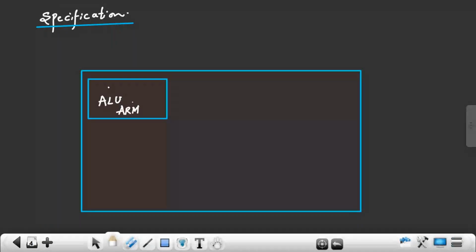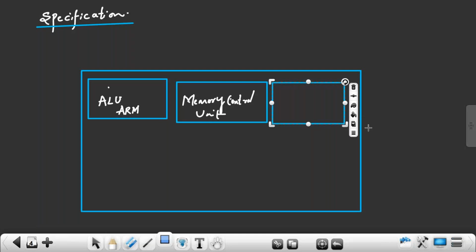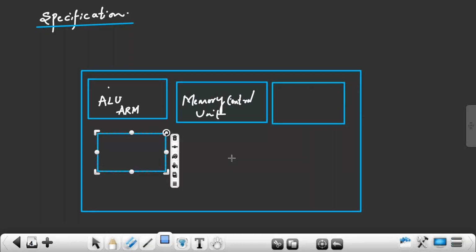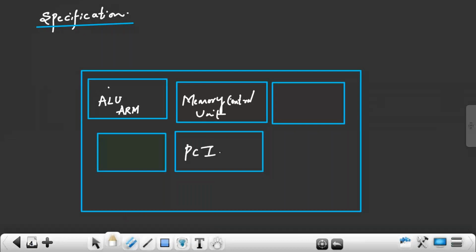Only a processing unit is not sufficient. You want memory, right? Memory is required, and a memory control unit. Then you want an Ethernet module, a GPRS module, and apart from that a PCI controller module. PCI means peripheral controller interface. This is the Ethernet module.